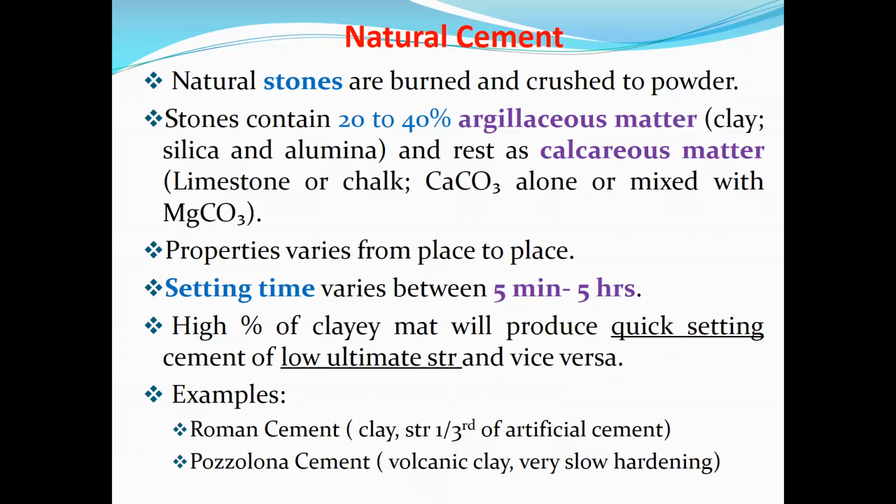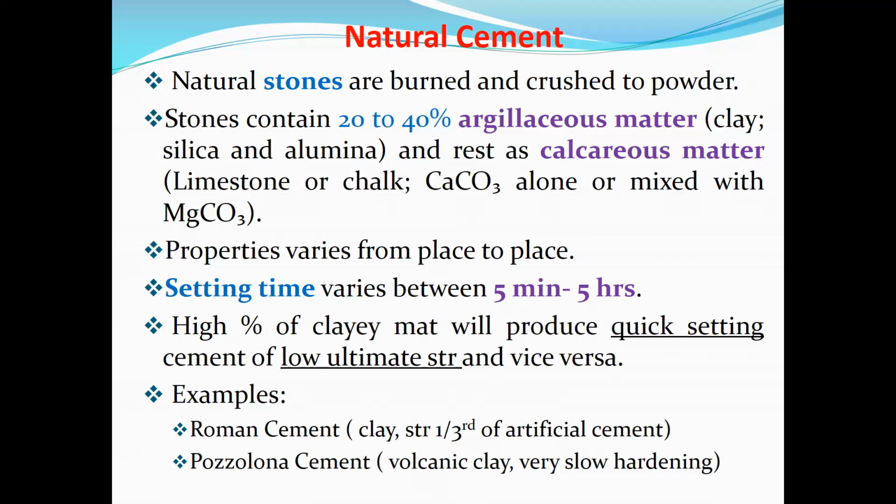And then it has been found that a high percent of clay material is available, because as you can see, this argillaceous clay matter is 20 to 40%. Clay is a very fine material. The finer a material is, the more space it has available for chemical reaction with water.